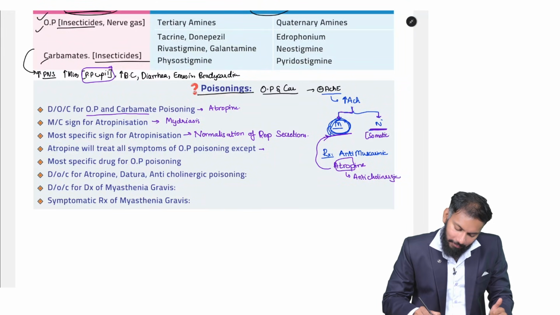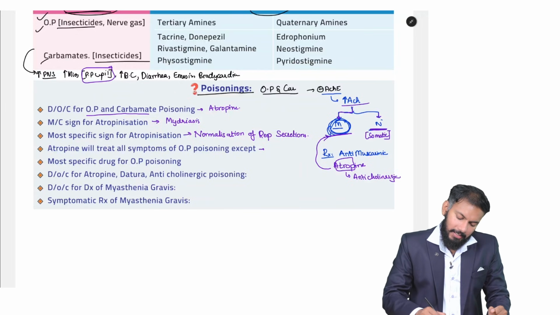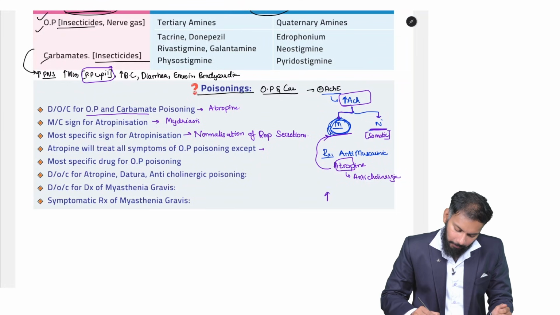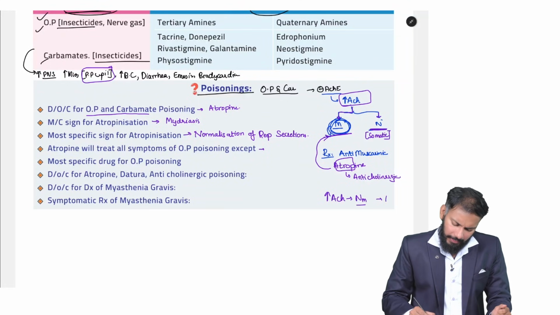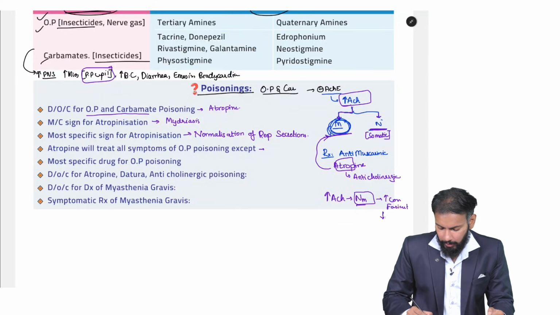So with increased acetylcholine acting on the NM receptor, what will happen? First, there will be an increase in contractions, also known as fasciculations. But if the NM receptor is stimulated for a long period of time, it will stop working and cause muscle weakness.